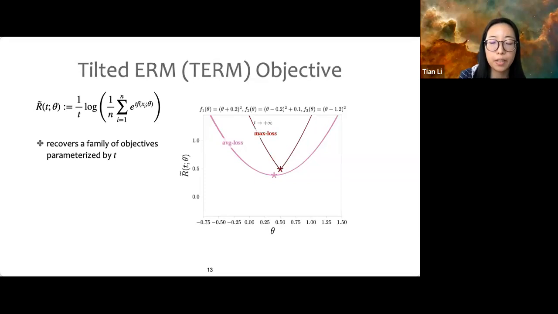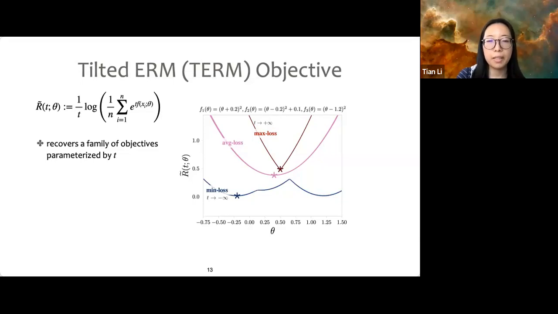So when t is close to 0, the objective reduces to the classic ERM objective, the average loss. And when t goes to positive infinity, it recovers the max loss. And when t goes to negative infinity, it recovers the min loss.